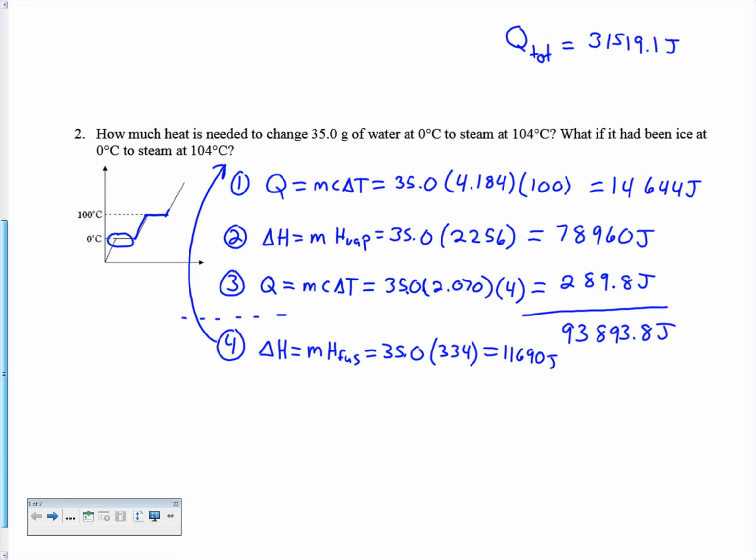Then if you add that to what we had before, so this is our original Q total here, if we add this next step on here, then we get a Q total of 105,583.8 joules.